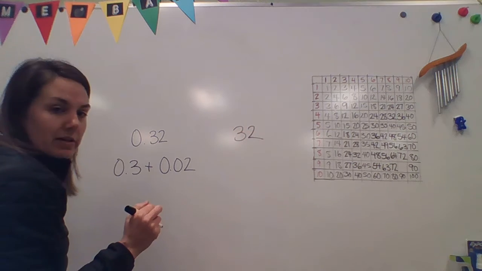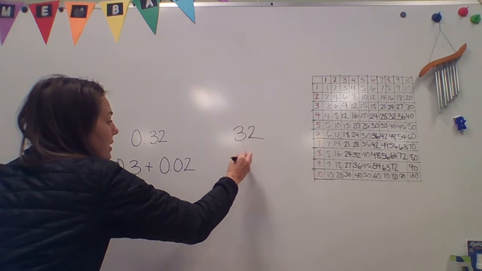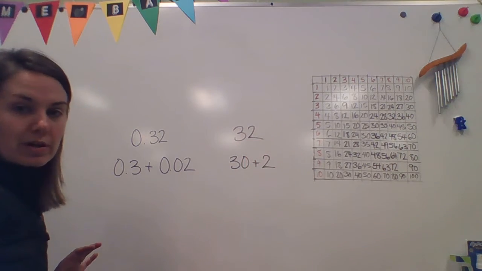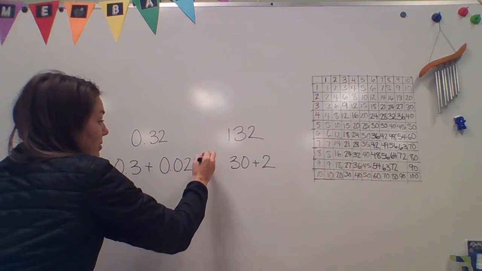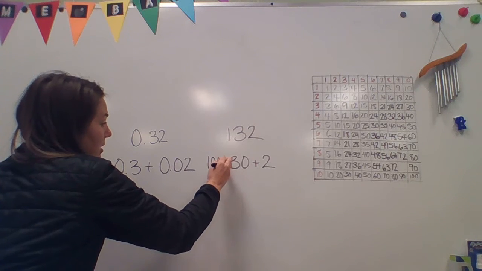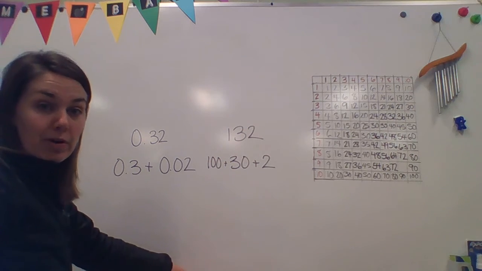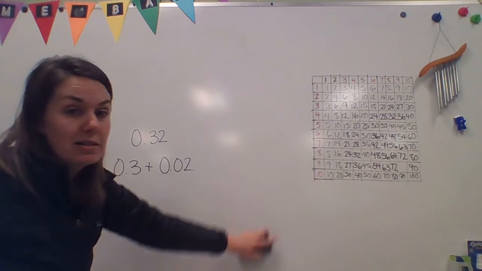If I were to write 32 in expanded form, I would say that I have 3 tens or 30. I would add my 2 ones or 2, and that would be my expanded form. If I had the number 132, I would say I have 100 plus 3 tens or 30 plus 2 ones to make 132. Same exact principle with decimals.